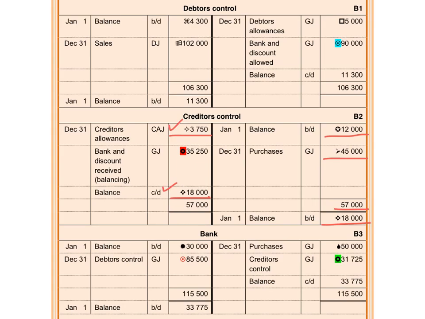So by balancing the creditors control account, we can determine what is the amount that will be recorded on the debit side of creditors control for the bank amount and discount received. We will have to make a split for this 35,250 to determine how much money was paid and what was the discount received.